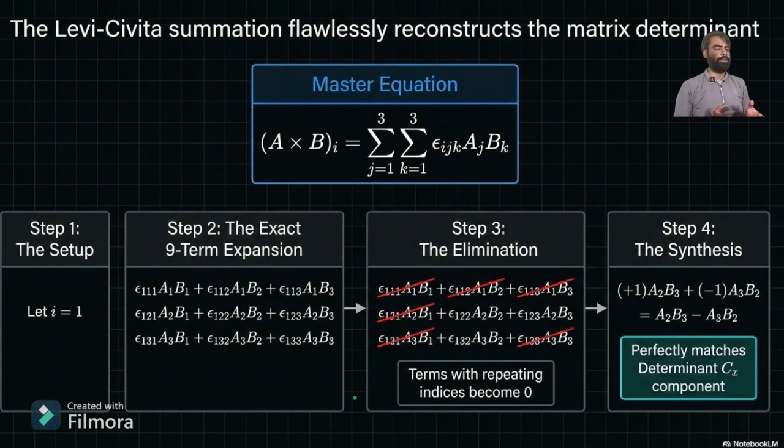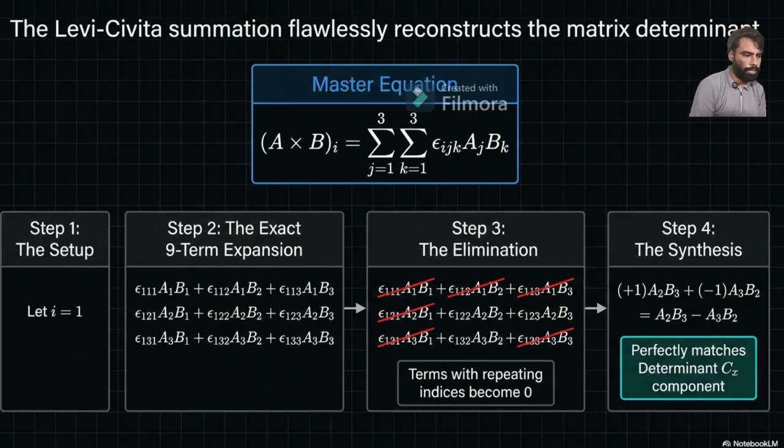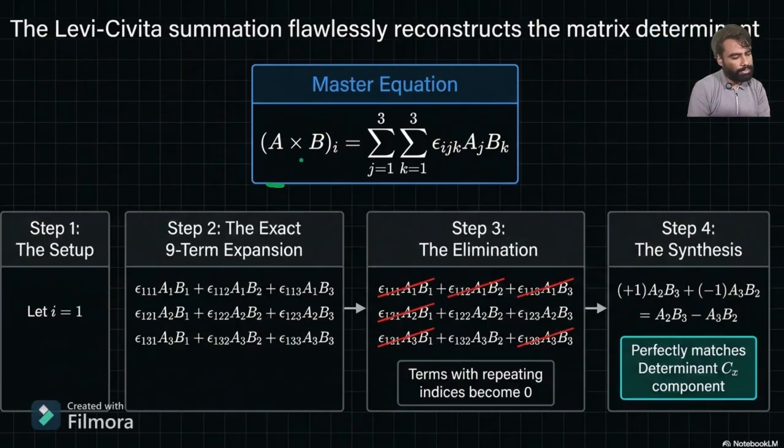Now let's understand the cross product through the Levi-Civita symbol. It is our fundamental equation to find the cross product from the Levi-Civita symbol. In the Levi-Civita we will not find the entire solution at once. We'll find only one component at a time.